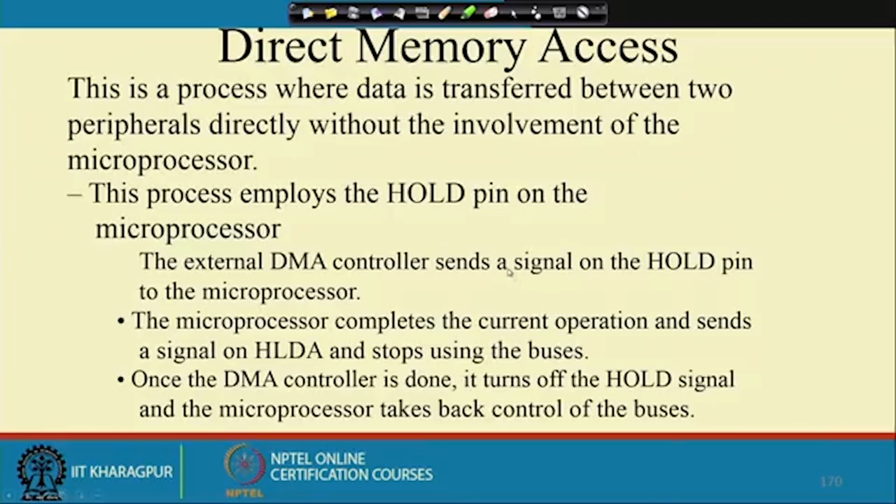Next, we look into another way of data transfer between the processor and the device. This is known as direct memory access. In a normal system, whenever the IO device wants to transfer some data, the device sends an interrupt to the 8085, and as a result the 8085 goes into the corresponding interrupt service routine, which reads from the device the data it wants to transmit.